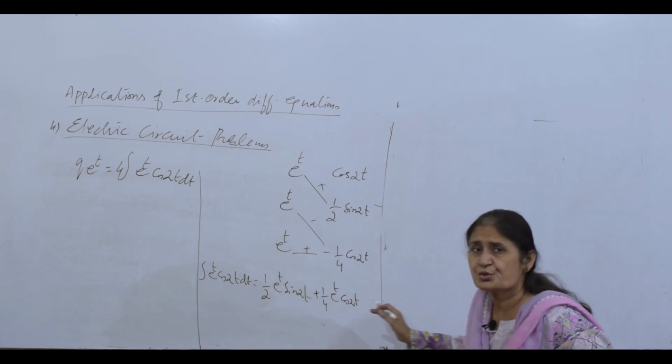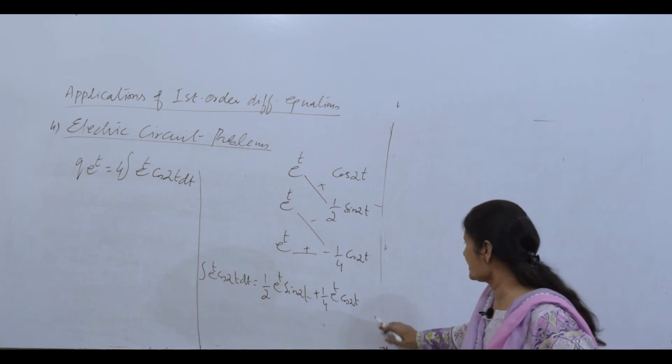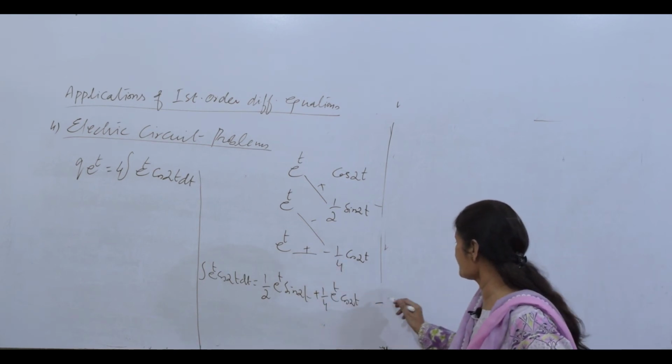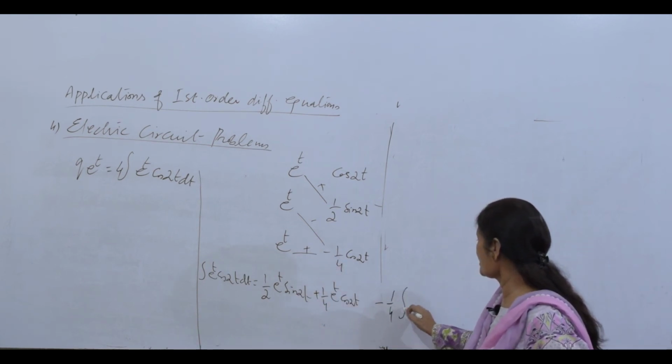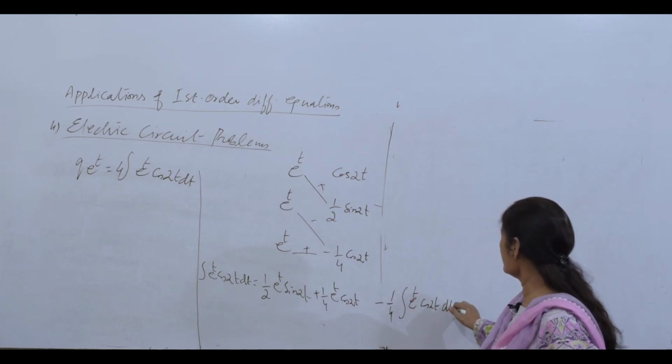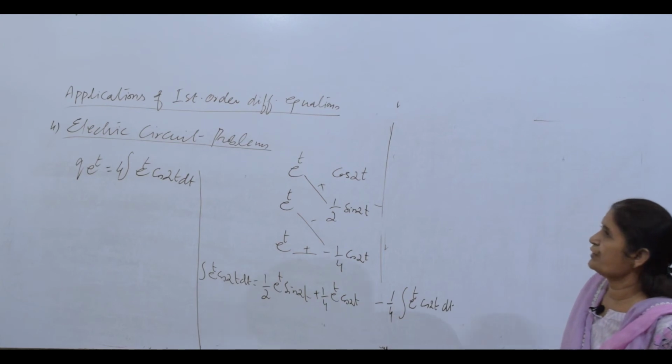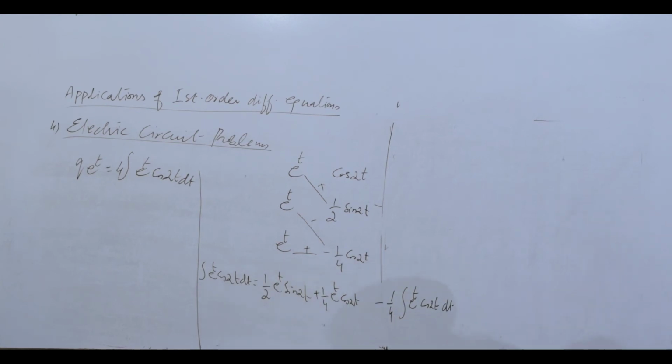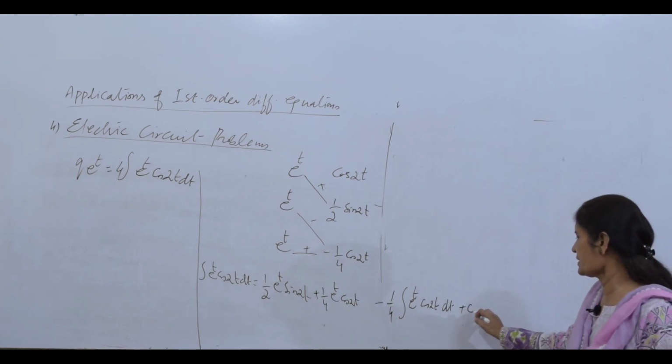Then the horizontal line is written in terms of the integral, minus 1 by 4 outside, the integral of e^t cos 2t dt, plus a constant of integration obviously.